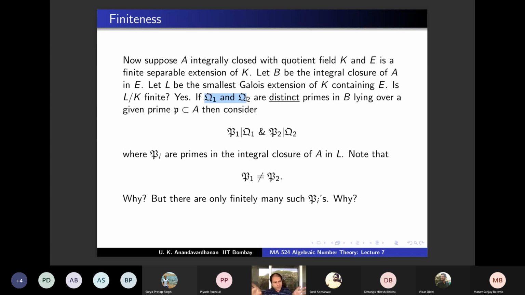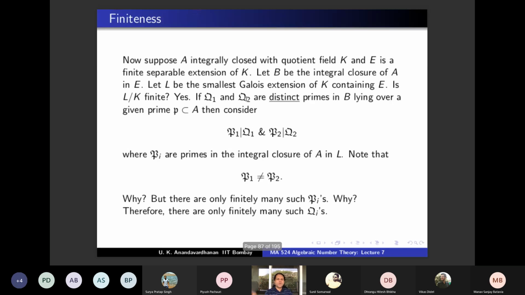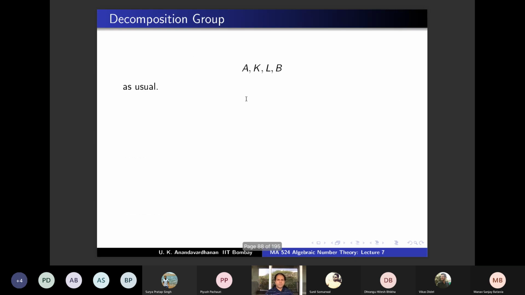The point is, if you take Q1 and Q2 distinct, then the primes lying above them are distinct. But the total collection at the level of L is finite. Therefore, the collection at the level of E has to be finite. So there are only finitely many such Qi. Okay, so that's a finiteness condition.